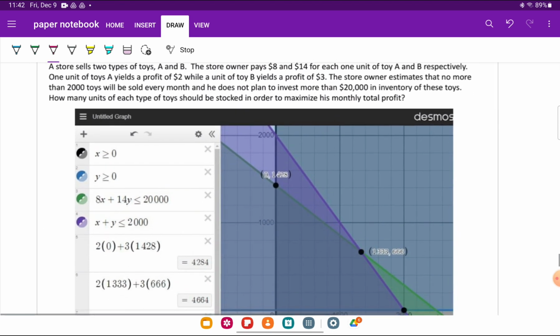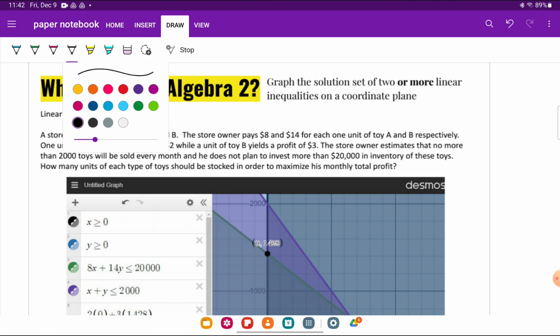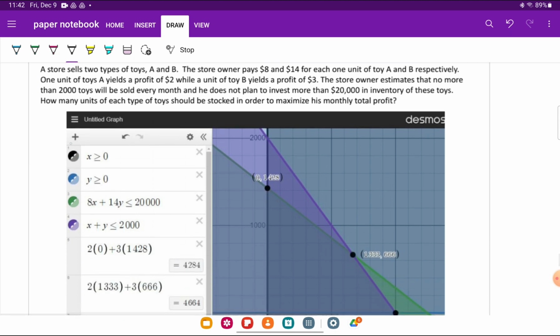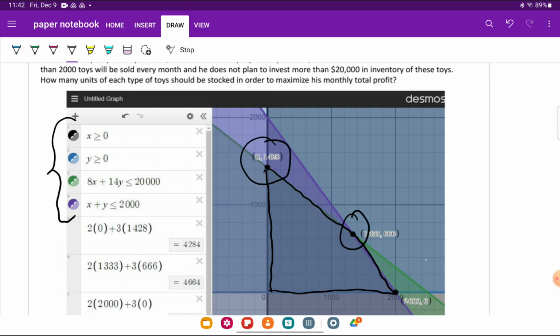So when we get to Algebra 2, we're still doing systems, but we're into the realm of what's called linear programming, where now we have several constraints. And we're looking for the polygon that they make when they enclose that area, because it's the vertices that we're looking for that we're going to test to see which of those will yield the results we want.